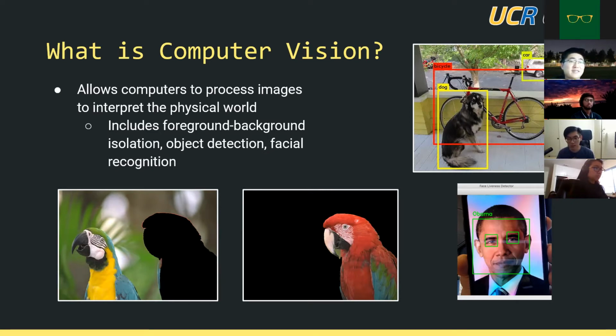So we can take images from a foreground and a background. So taking out this parrot, we can tell if there's a bicycle, a dog, and a car in a picture. We can tell that this is indeed Obama with two eyes. So there's a bunch of different uses for computer vision, and these are just some of them that are a little bit more simple.